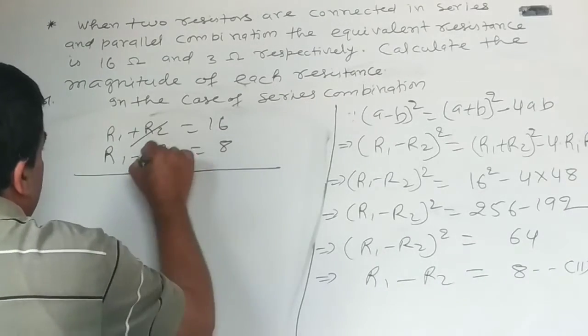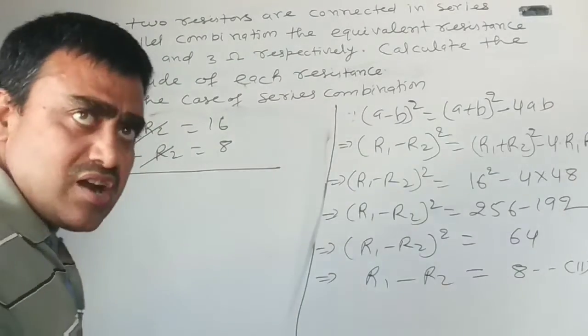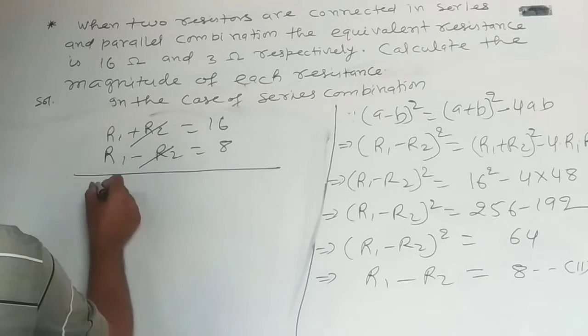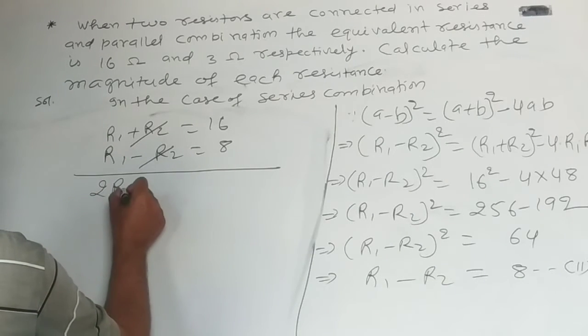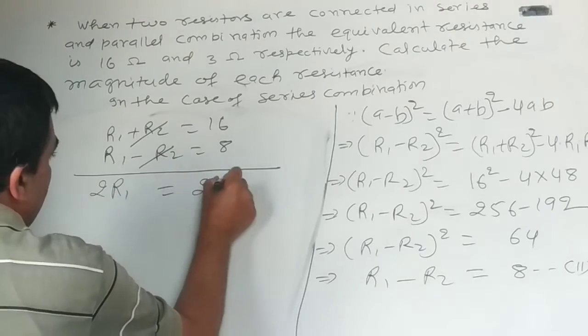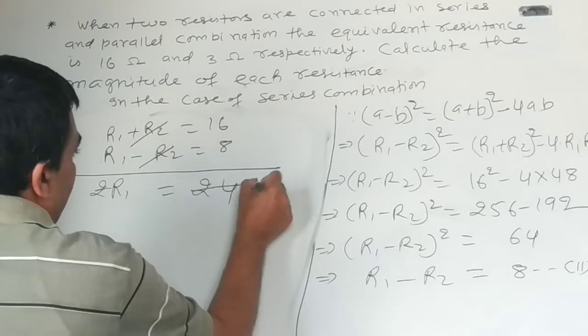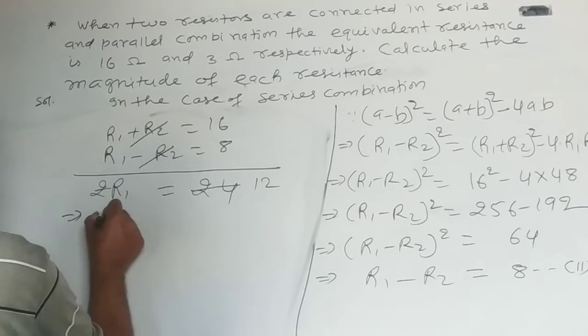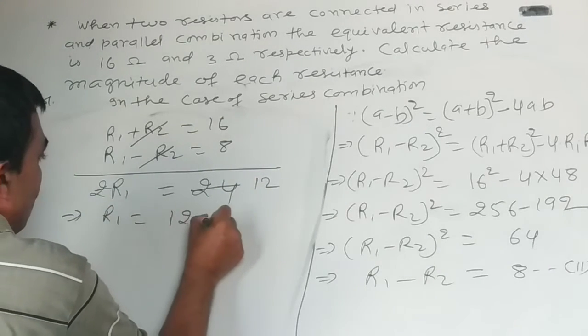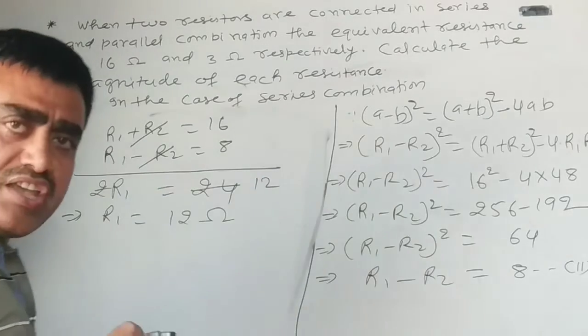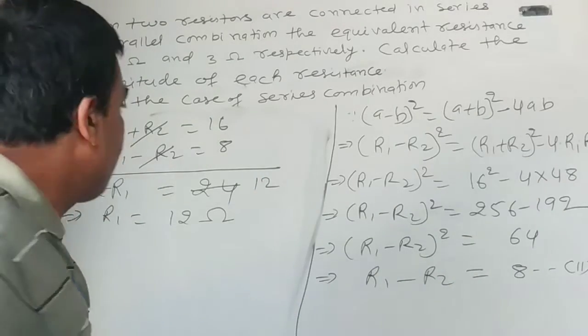After adding, plus R2 cancels minus R2, and it will become 2R1 is equal to 24. That implies R1 is equal to 12 ohm. SI unit of resistance is ohm.